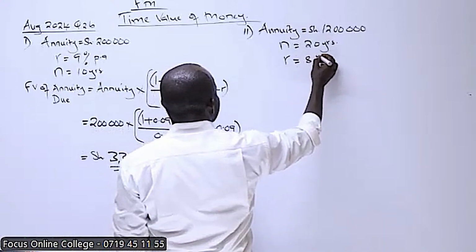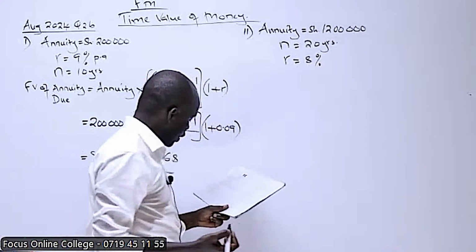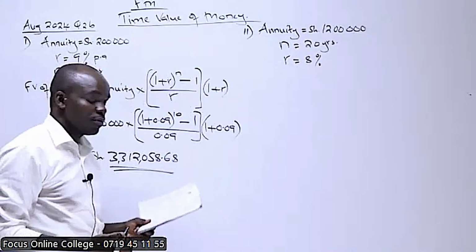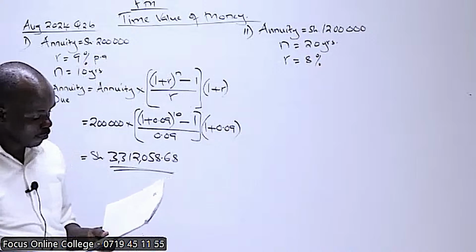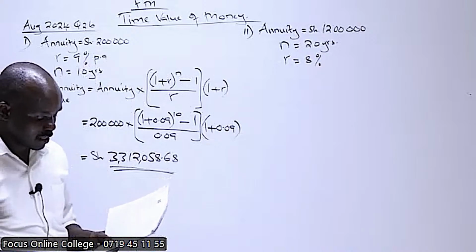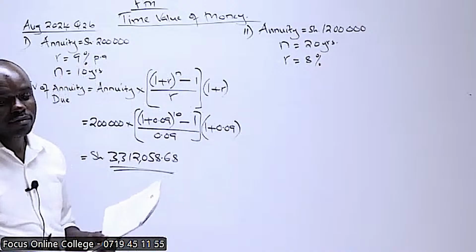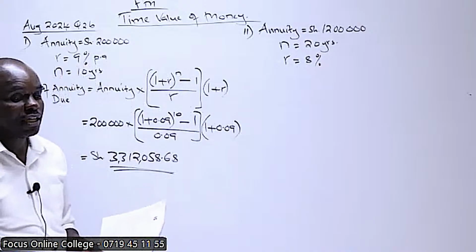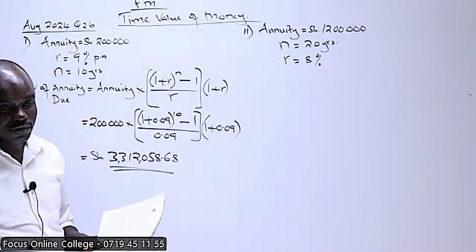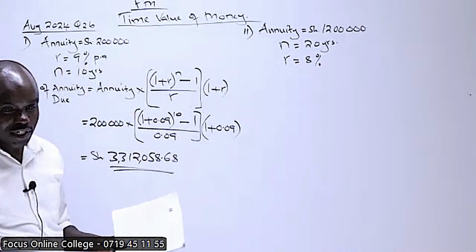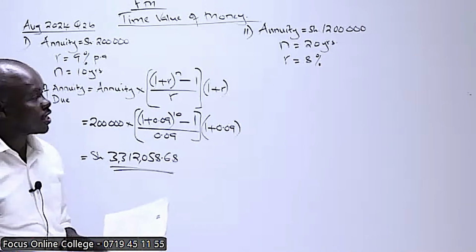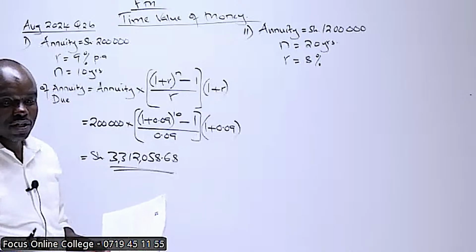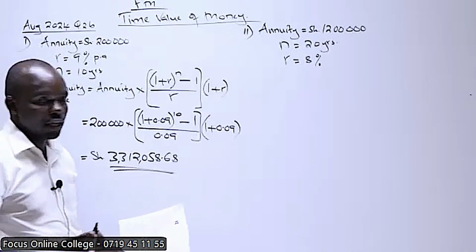And we're looking at the present value. They have not said whether the amount is at the beginning or at the end of the period. So when the question does not specify when the payment is being done, it is assumed to be an ordinary annuity, where the payment is occurring at the end of each period.